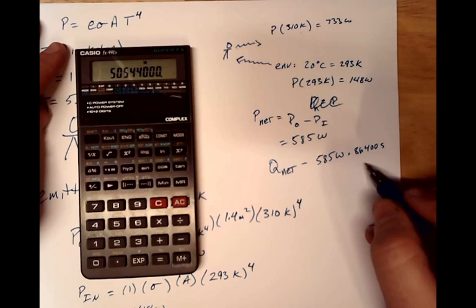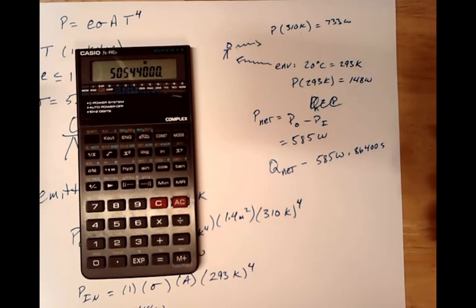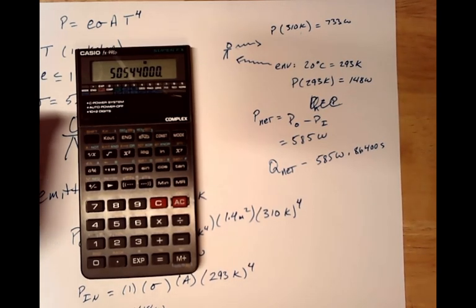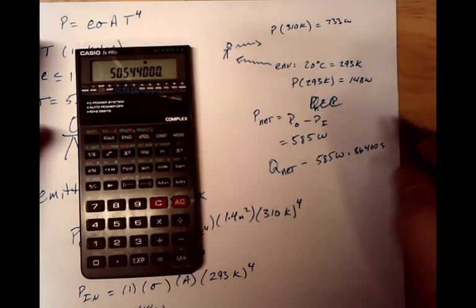And we can drop some zeros. Oh, I've done something weird here. I'm sorry. Please excuse me a minute. Let me check my math. One moment, please. Okay, I found my problem.